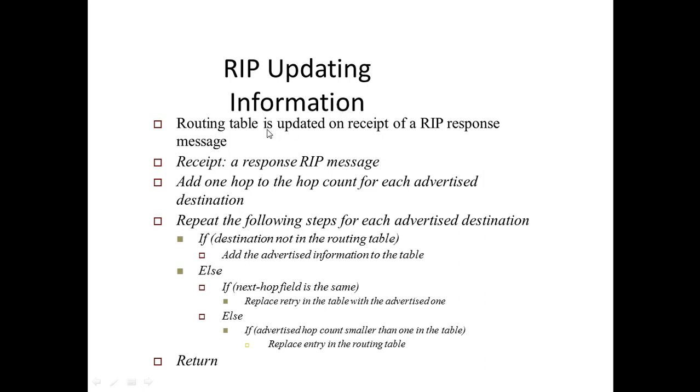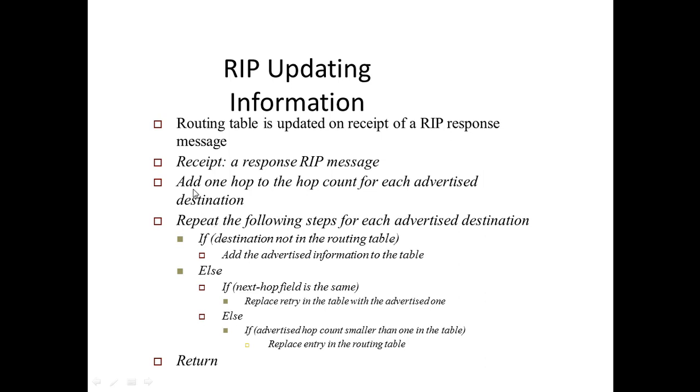This is the pseudocode, or you can say the algorithm, that is accomplished by this protocol. A routing table is updated on the receipt of a RIP response message, and it adds one hop to the hop count for each advertised destination. I will tell you in detail in the coming slides as well.